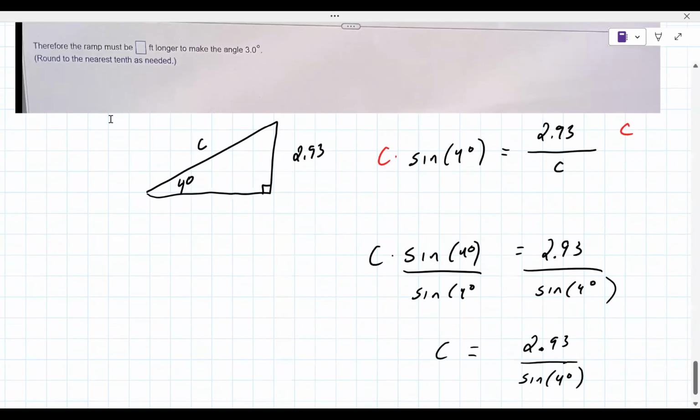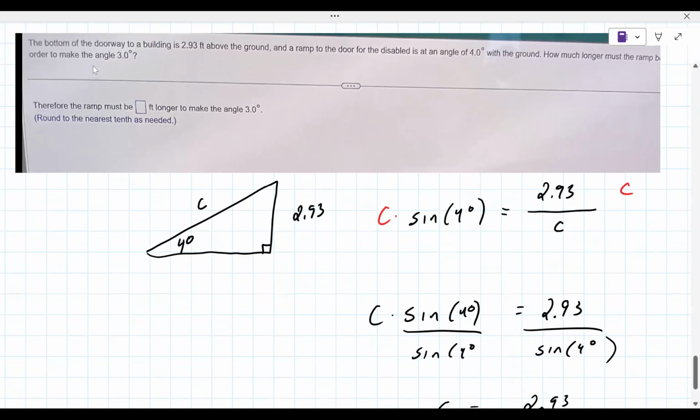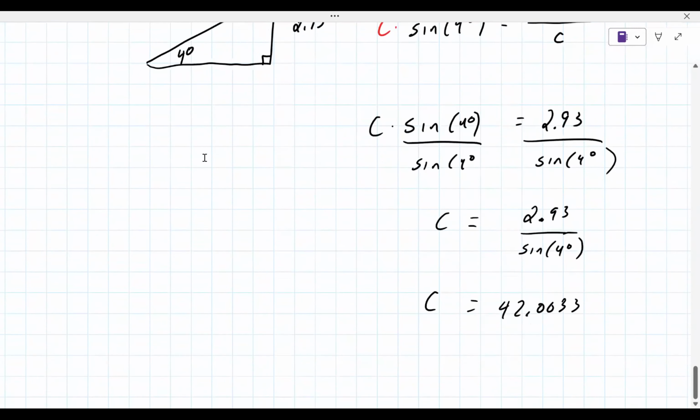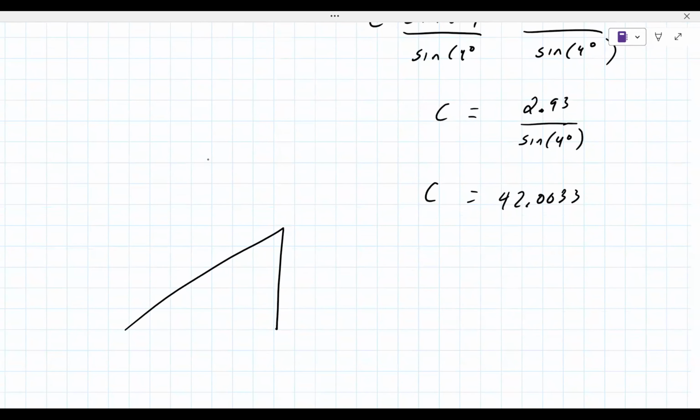Now, the problem says we really want the angle to be 3 degrees instead of 4 degrees. So we do the same calculation now with 3 degrees instead of 4 degrees. You can redraw it if you want, it's still the same height.